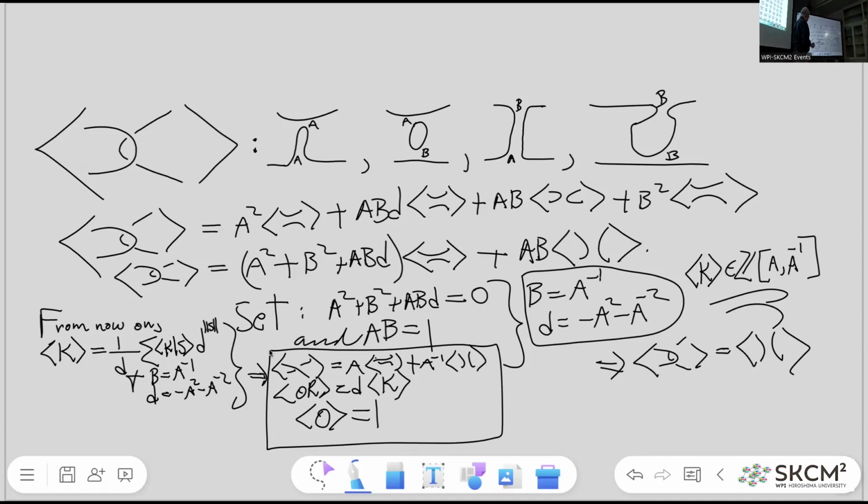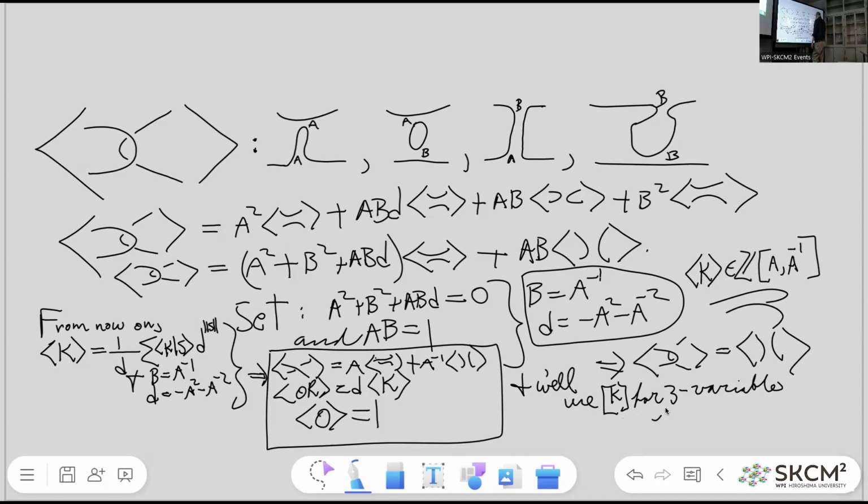And we'll use square bracket K for the three variable bracket.